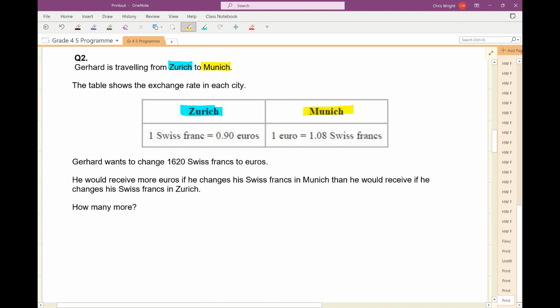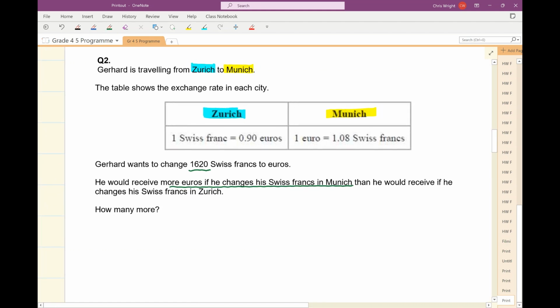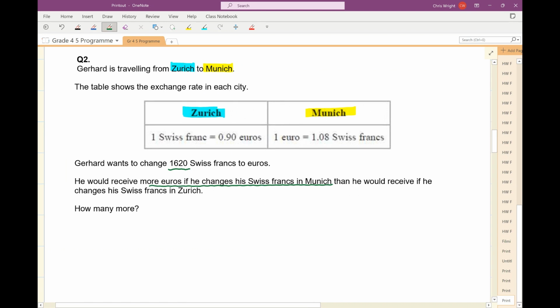Now we want to exchange 1,620 Swiss francs to euros. He would receive more euros if he changes his Swiss francs in Munich than he would receive if he changes his Swiss francs in Zurich. How many more euros would he receive?